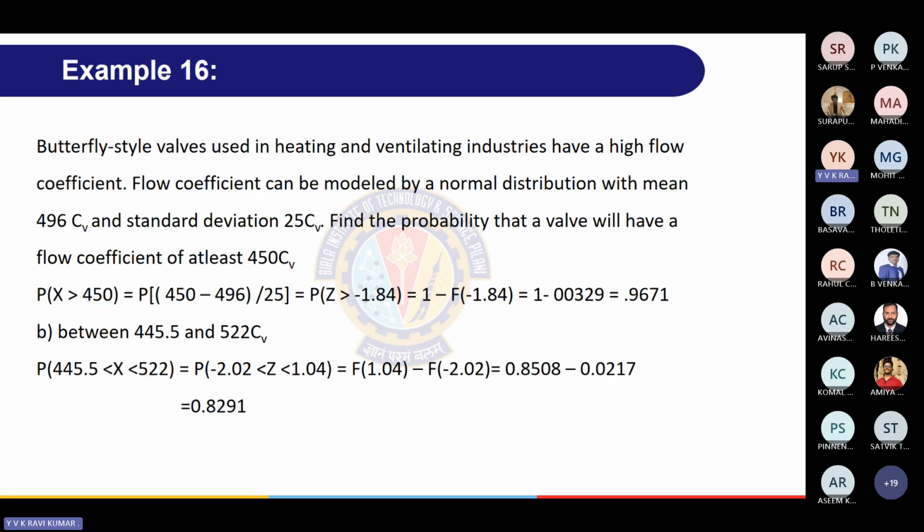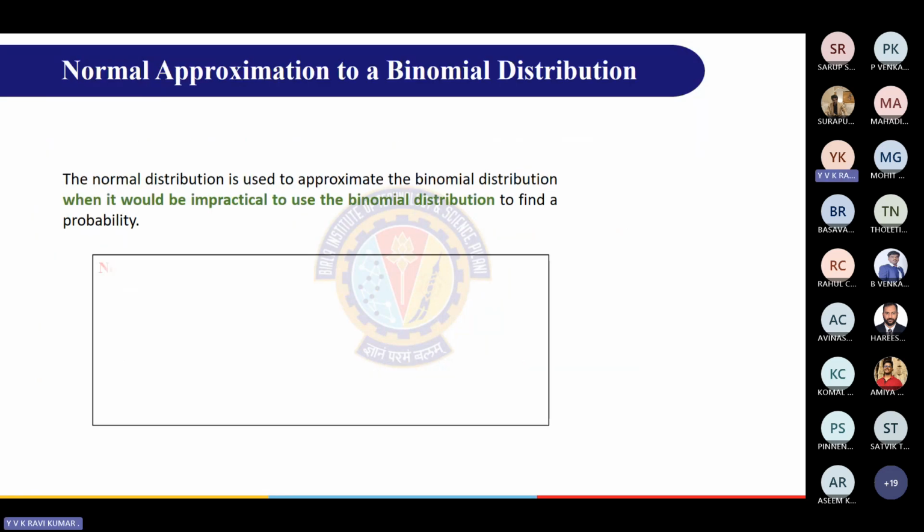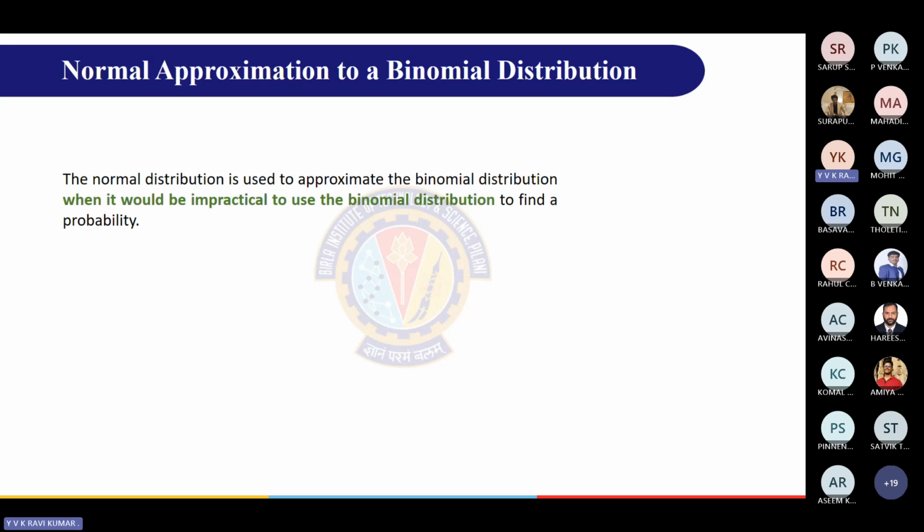I hope you are comfortable in doing problems involving normal distribution. Now, there is something I think some of our friends asked earlier. Suppose n equal to 1000.